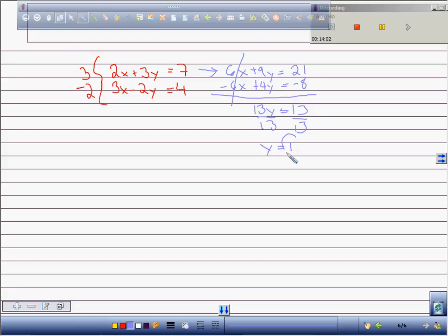And then I take that and I plug that into here for y. And I get 2x plus 3 times 1 equals 7, or 2x plus 4 equals 7.